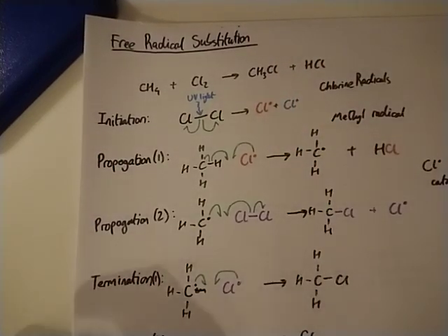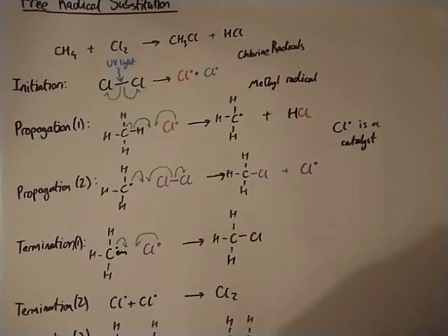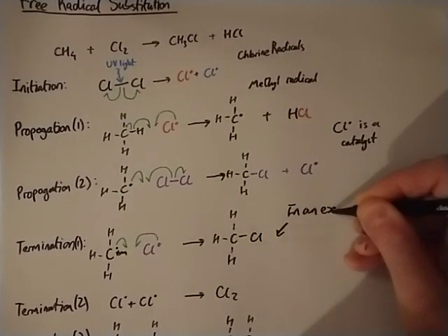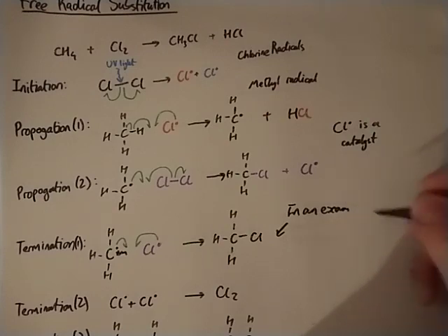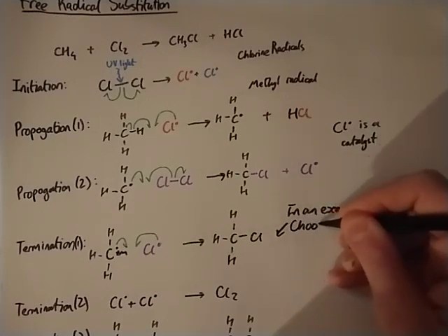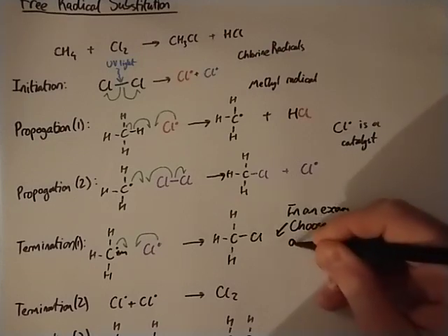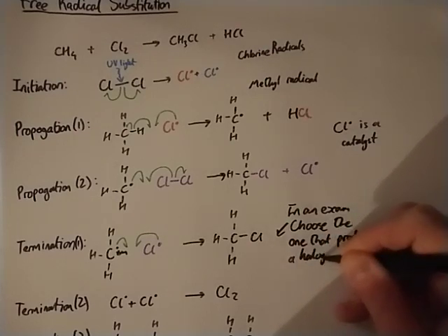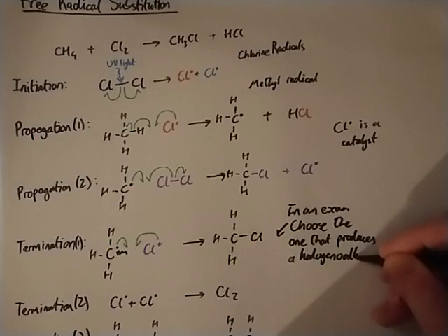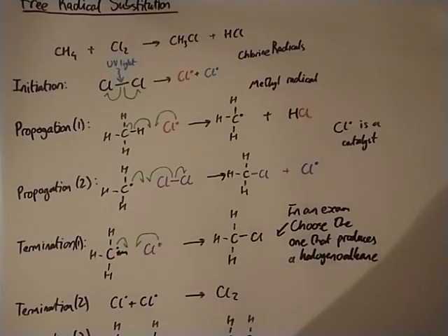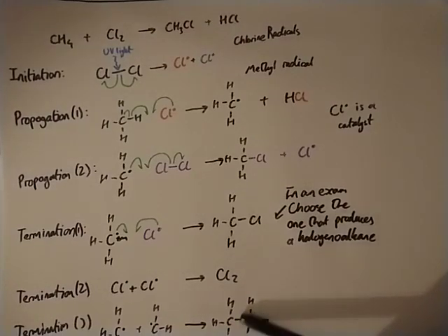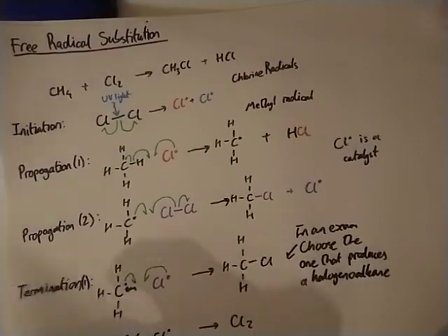So, in an exam, if they don't tell you which termination step to use, choose the one that produces the halogenoalkane. They might talk about these two as well, but only talk about them if they specifically ask for them. If they don't, talk about the one that produces the halogenoalkane.